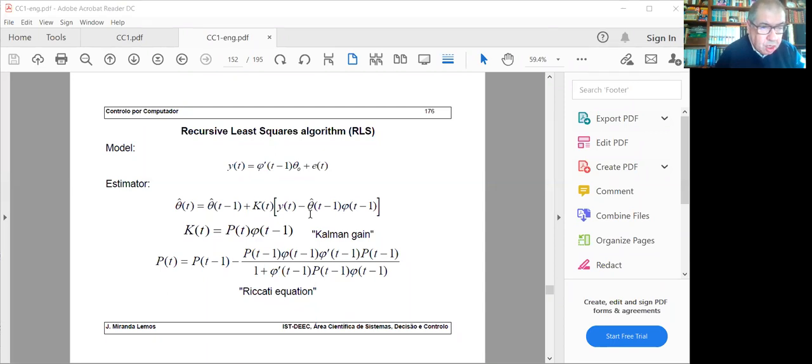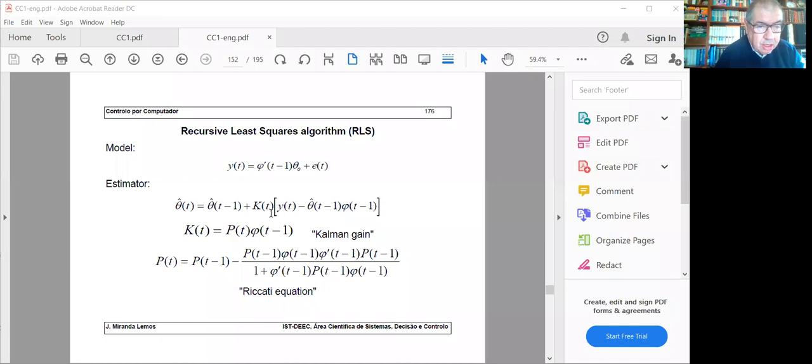You can prove these properties, but it takes a lot of pages of computations, and I'm not going to do that here. I gave an example, and the idea is that K starts large.